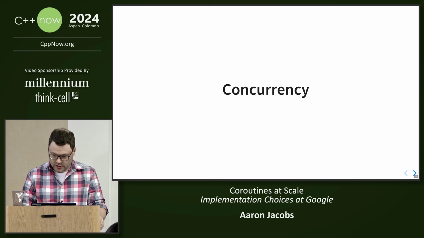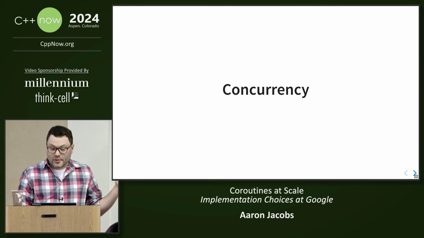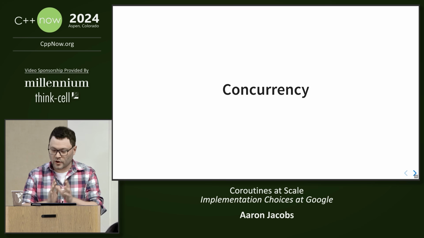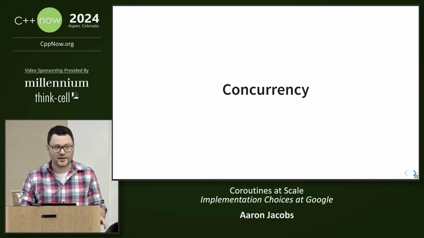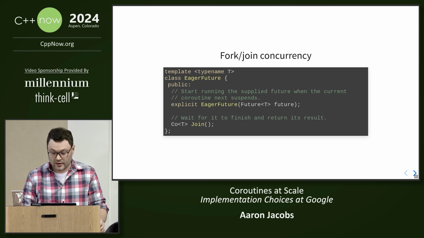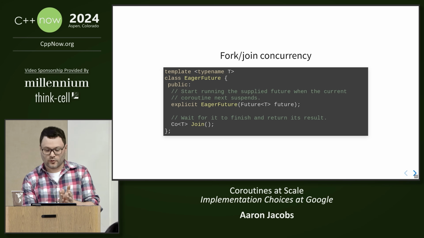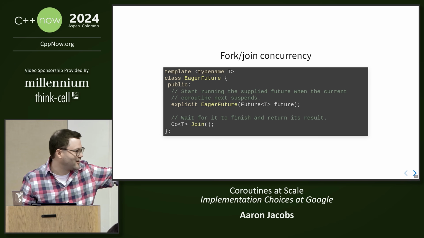Okay, I'll move on. So let's talk now about concurrency APIs. By that, I mean APIs that let you turn one coroutine into multiple. This sounds like a change of subject, but I'll eventually tie it into cancellation, I promise. So one way we can write a very general concurrency API is with a fork and join model. Whenever you want to start another coroutine, you create, here I call it eager future.